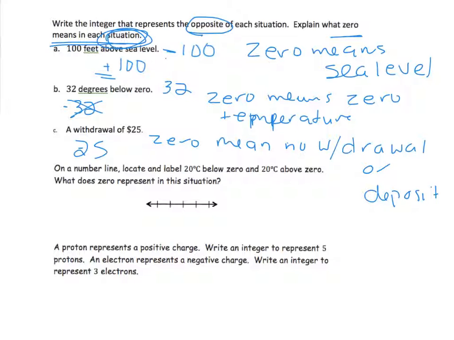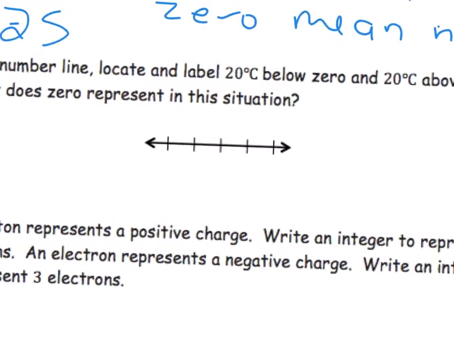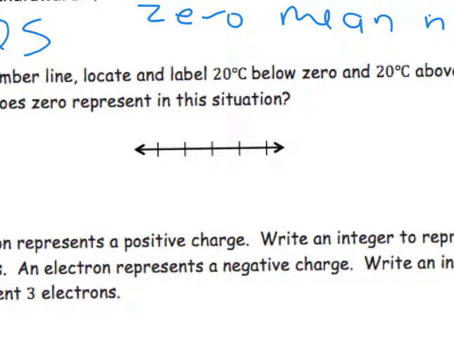All right, on a number line, locate and label 20 degrees Celsius below 0 and 20 above. What does 0 represent? Well, 20 degrees below 0 is opposite than 20 degrees above. So, and I'm going to make this bigger for us, see if you can do that.